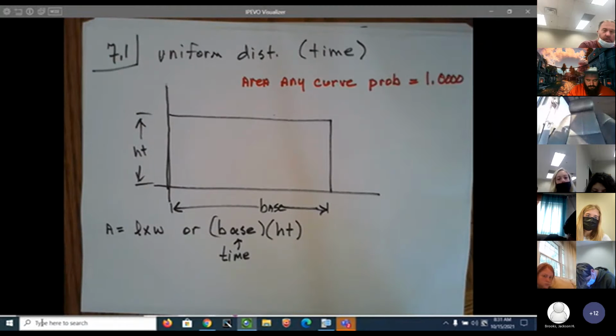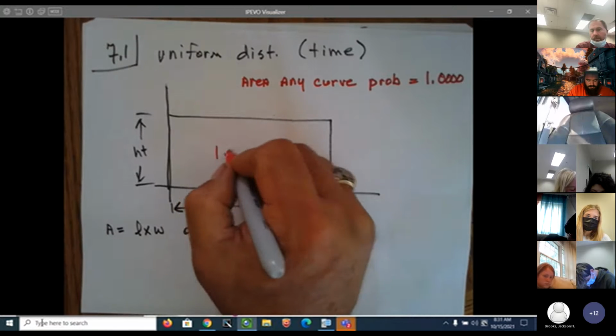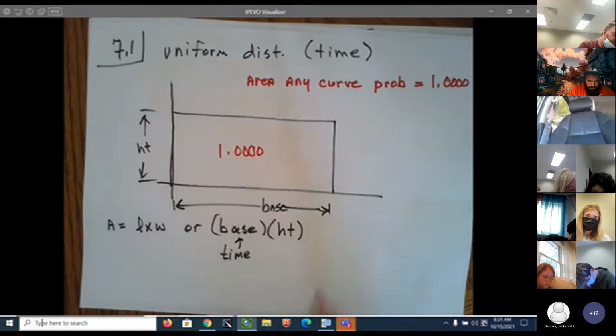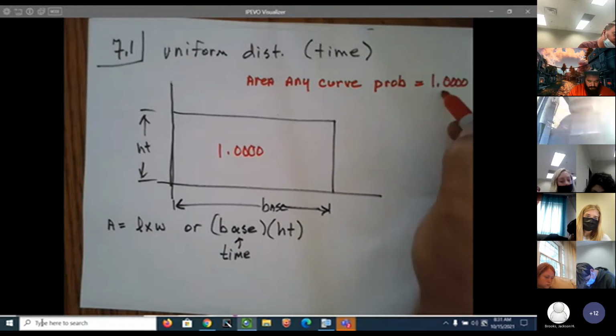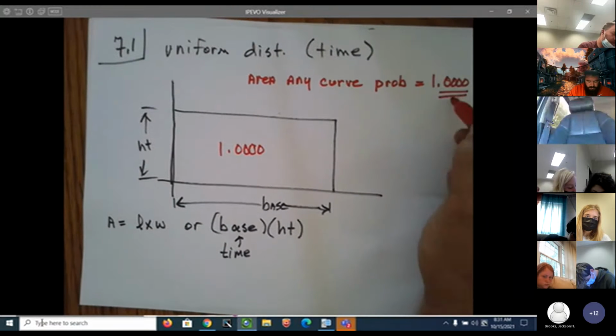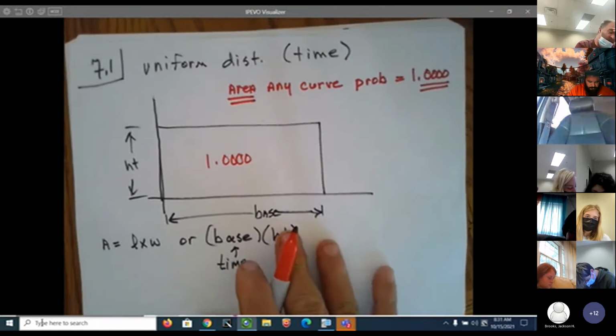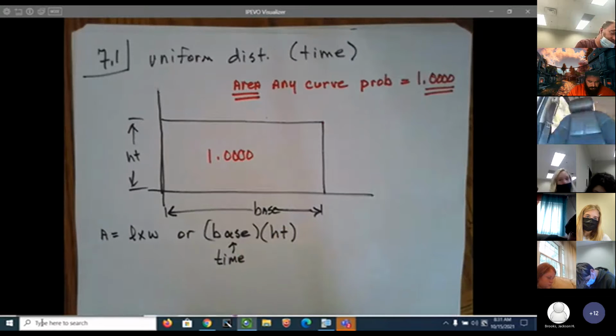I put 4 decimal places because 4 decimal places usually means area. When you see 4 decimal places in 7.1 or 7.2, that usually means area.